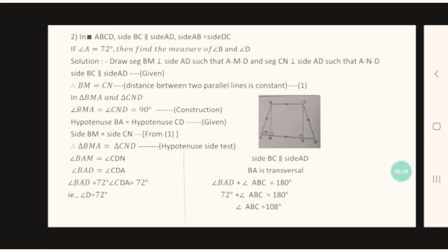I have told you property of parallel lines. The same you have to use. So 180 minus 72 will give me the measure of angle ABC, that is equal to 108. Similarly, measure of angle ACD will also be equal to 108. Okay.